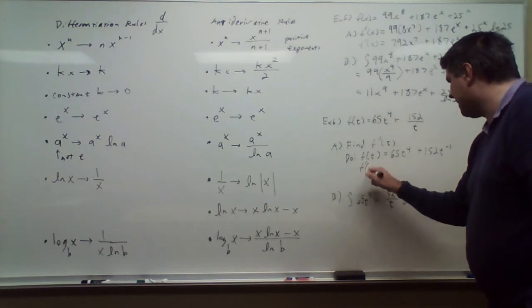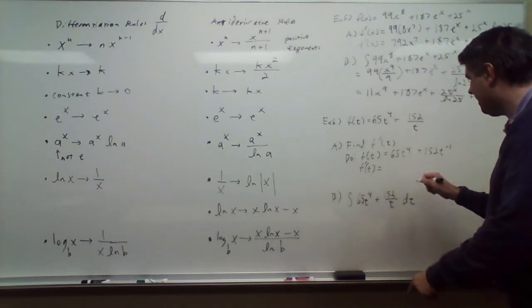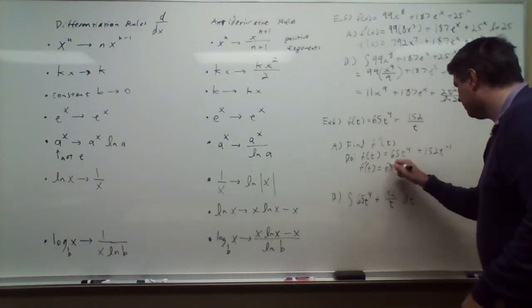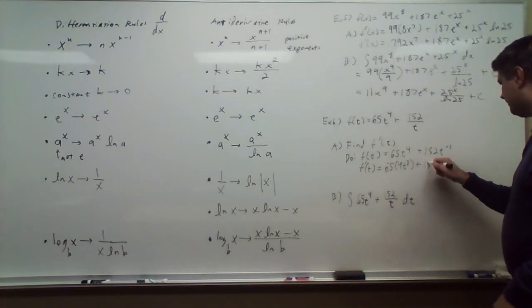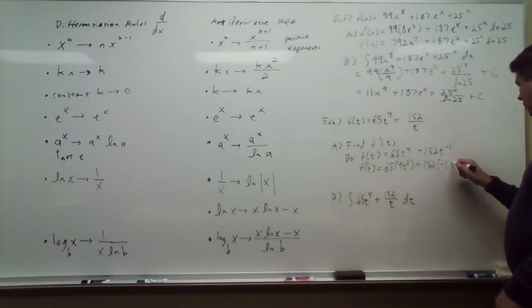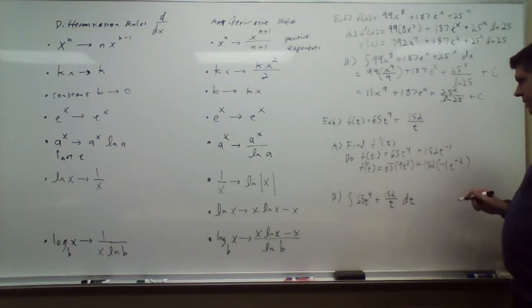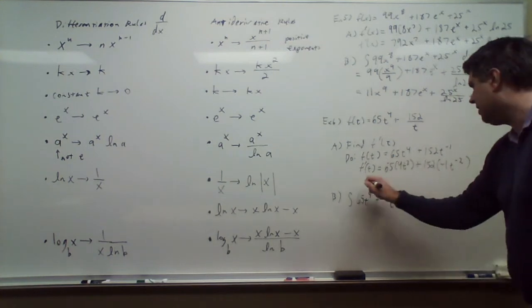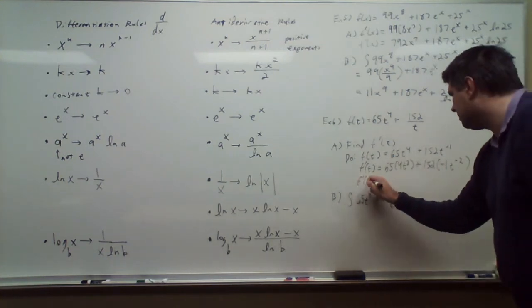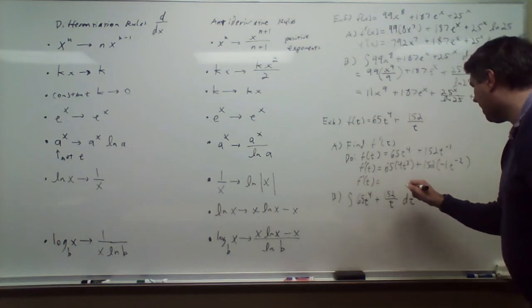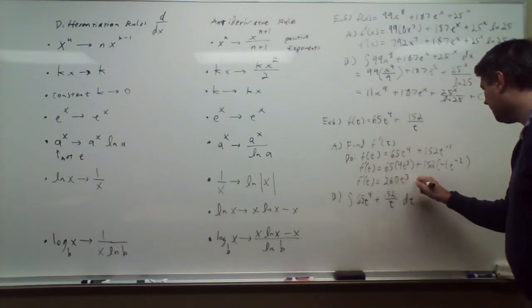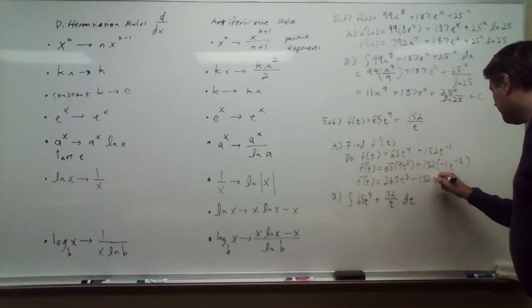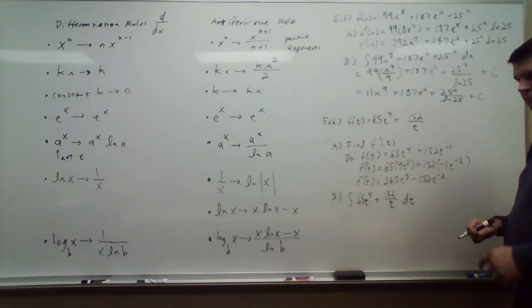So f prime of t would be 65 times 4t cubed plus 152 times negative 1t to the negative 2nd as we go down a power. Okay, so f prime of t would become 260 t cubed minus 152 t to the negative 2nd.